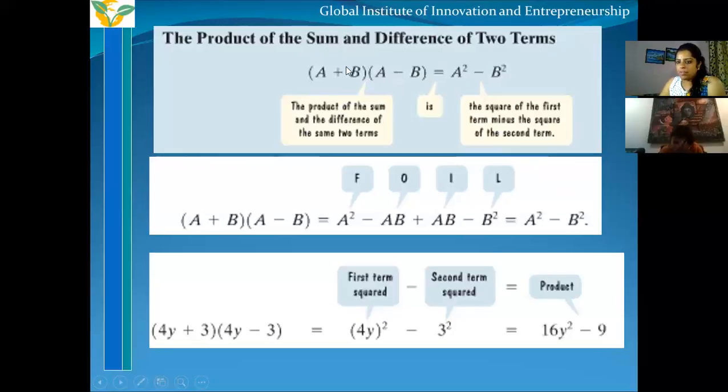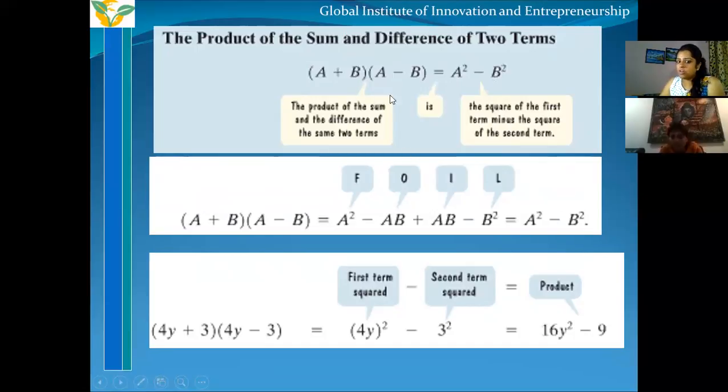Suppose it is a plus b in the first bracket and a minus b in the second bracket. The product of the sum and the difference of the same terms is the square of the first term minus the square of the second term. So a plus b into a minus b gives us a square minus b square.